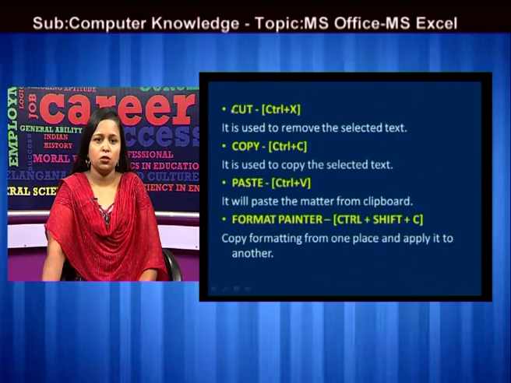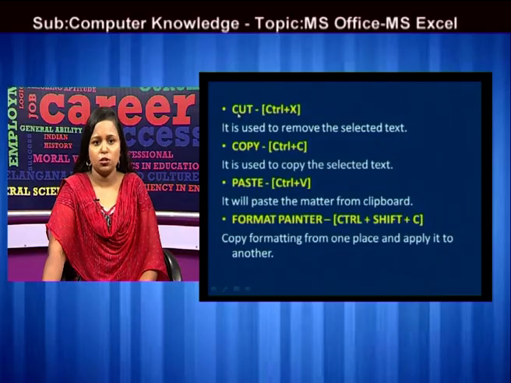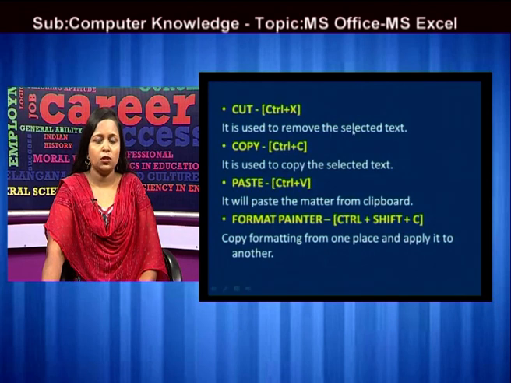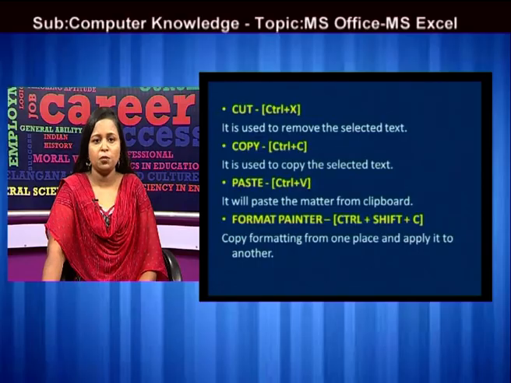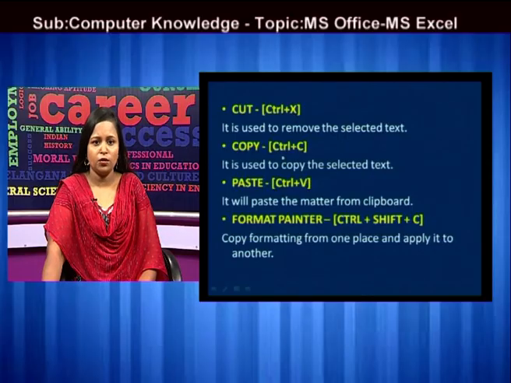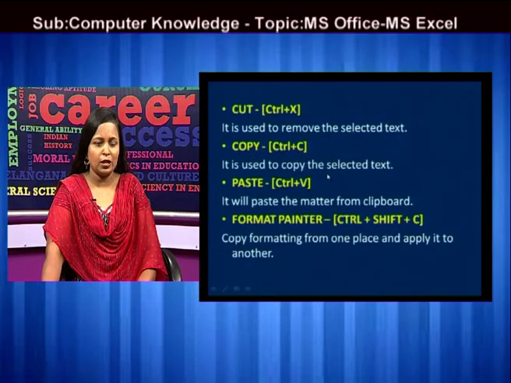Next, some of the options are explained. Cut means it is used to remove the selected text. Removing the selected text is one type of delete option, which is the same for cut. The shortcut key is Ctrl+X. Next, Ctrl+C is the shortcut key for copy. It is used so that only the selected matter is copied.